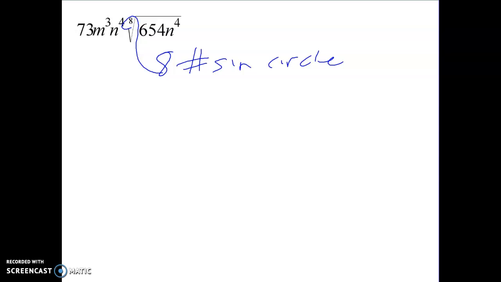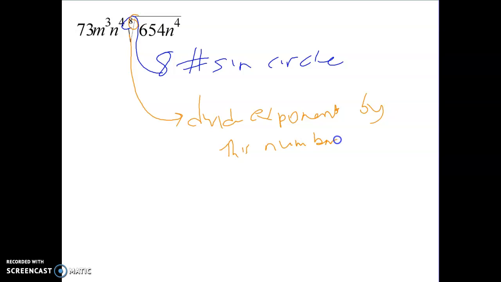And also, when I go to do my exponents, what do you think I'm going to divide by? Again, I'm going to divide by 8. We're going to use that again. So I'm going to draw another circle and put it down here. Divide exponents by this number. Because it may be that you have 3 or 4 like we've been doing.